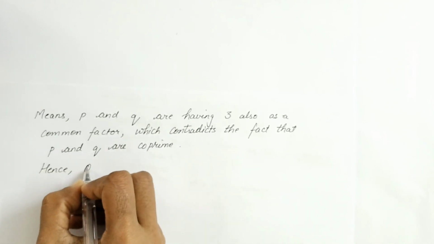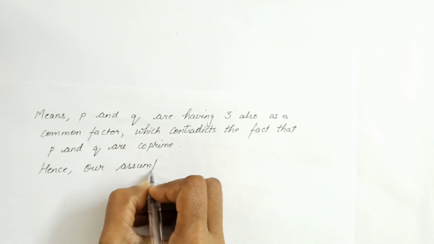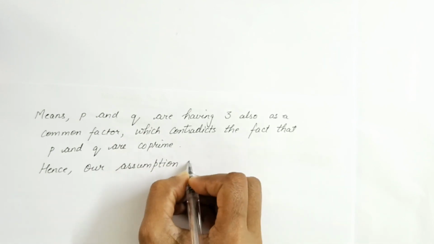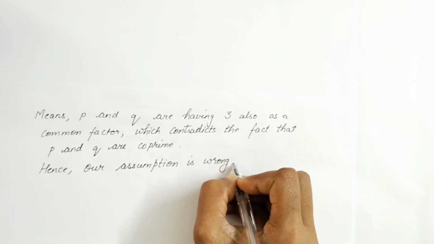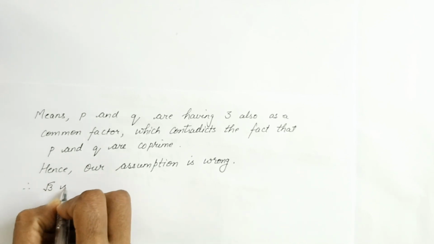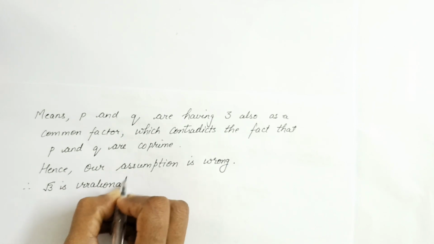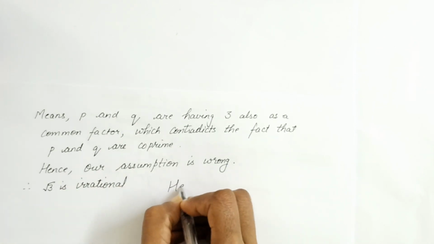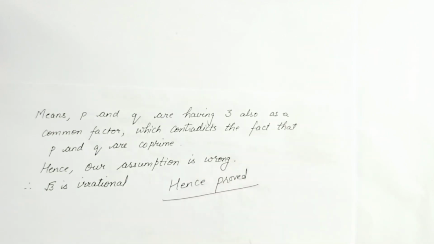Hence, our assumption is wrong. And then we can say, therefore, root 3 is irrational. That's proved. I hope it is clear to you.